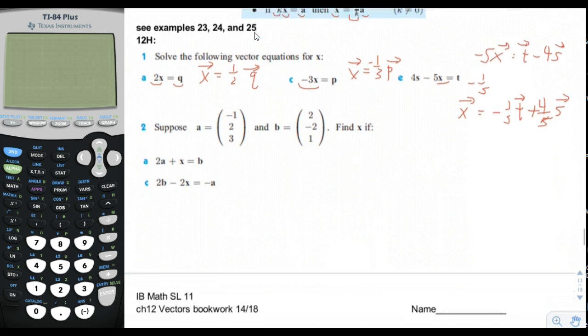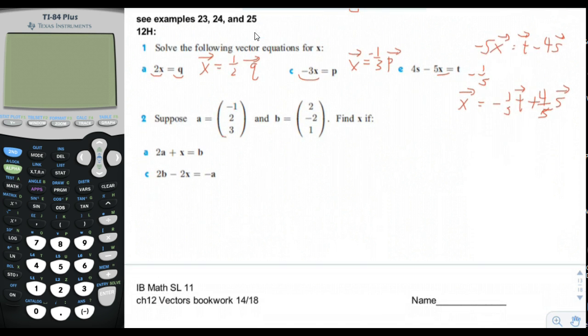2a. Suppose that vector a is -1, 2, 3, and vector b is 2, -2, 1. Find vector x if, so let's try to multiply these out. 2 times -1, 2, 3 plus vector x, which we don't know yet, equals vector b, which is 2, -2, 1.